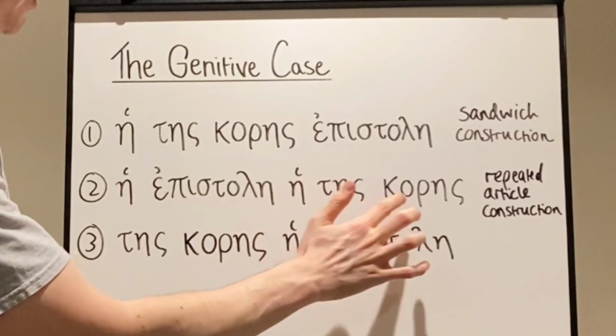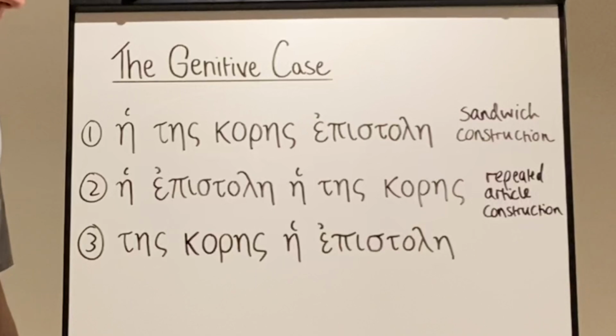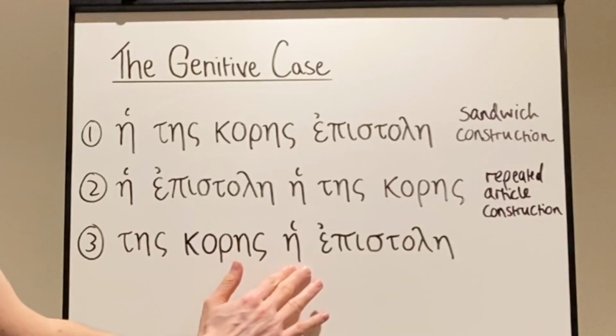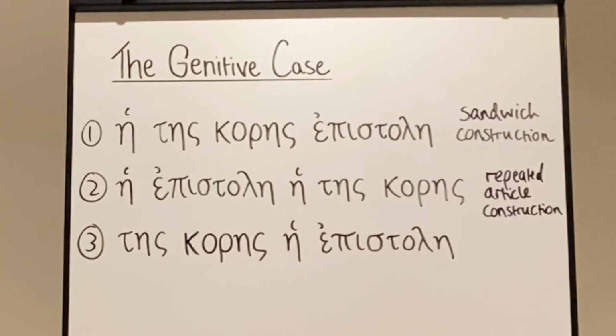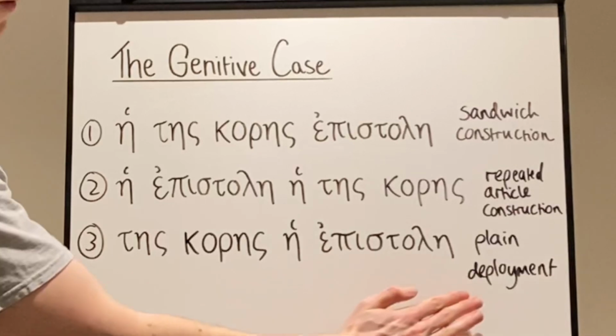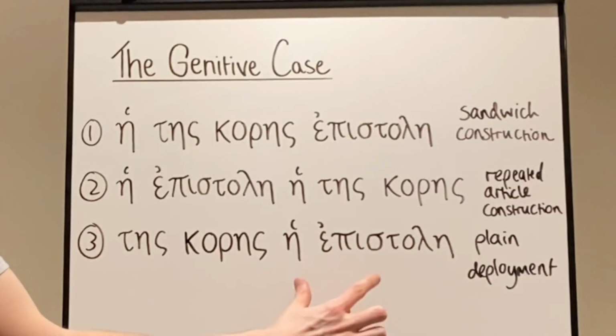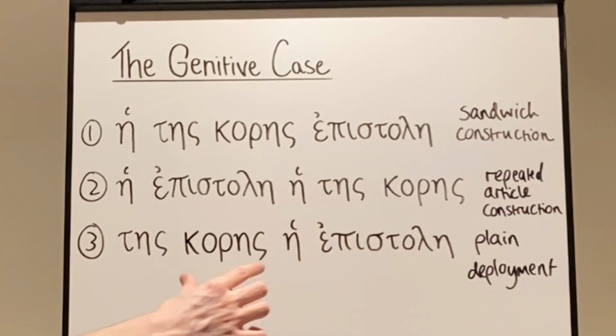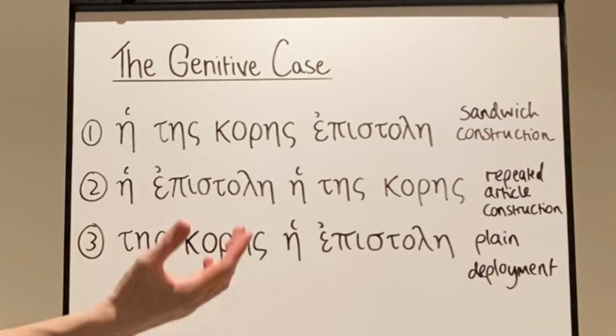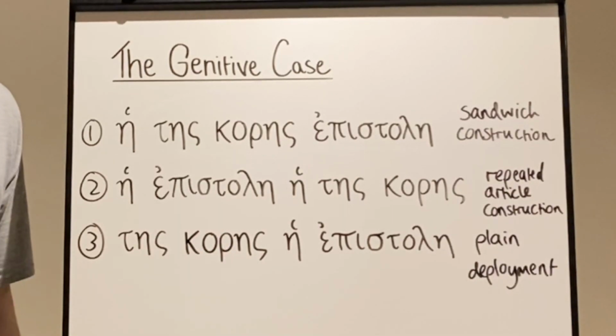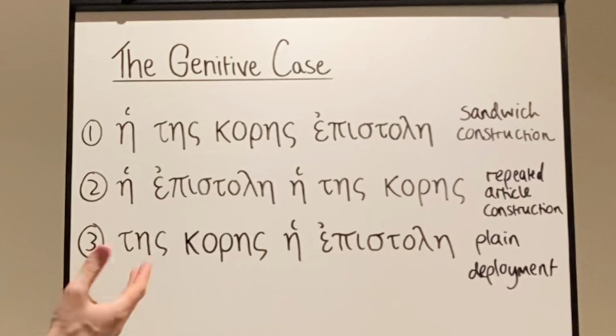And in the final case, tēs korēs hē epistolē, we of course had the plain deployment, because we have a nominative phrase here and we have a genitive phrase here. The genitive phrase has simply been added into the sentence, not in any fancy way, but just plainly or simply, it's been inserted into the sentence.